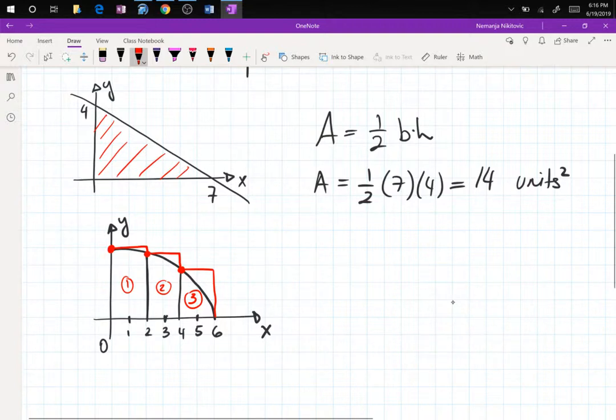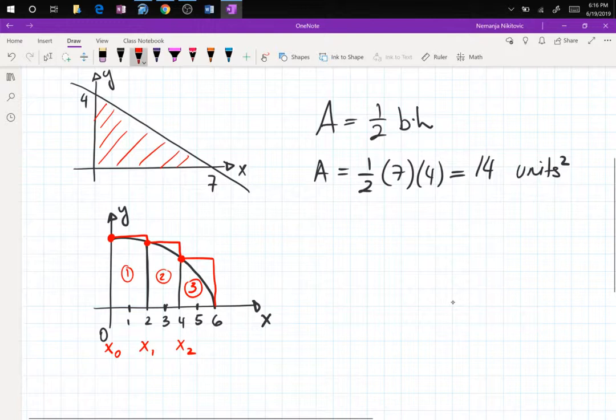Now it's important to see that I use the red points and call those x0, x1, and x2. So x0 is equal to 0, x1 is equal to 2, and x2 is equal to 4. Those are the x values, and those x values will produce the y values.